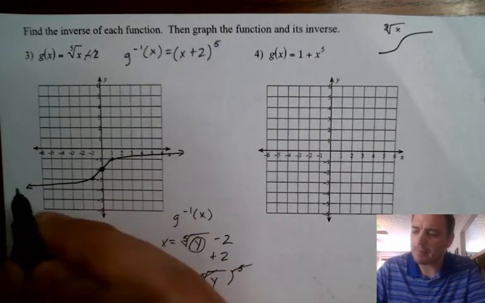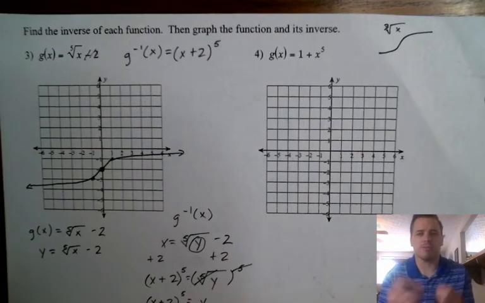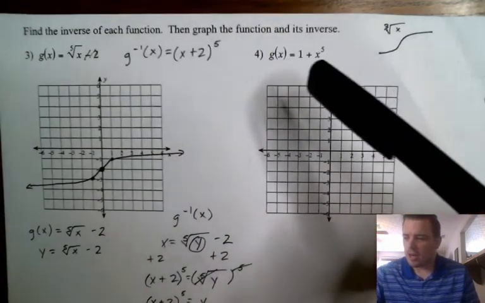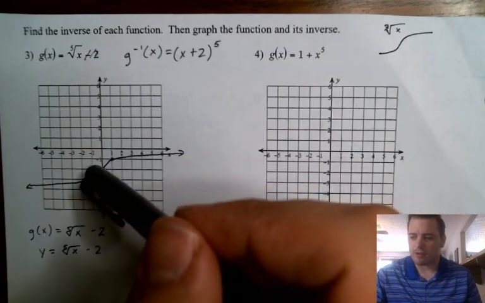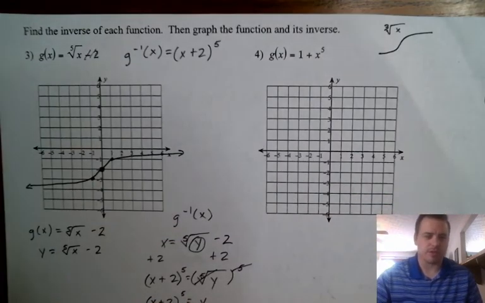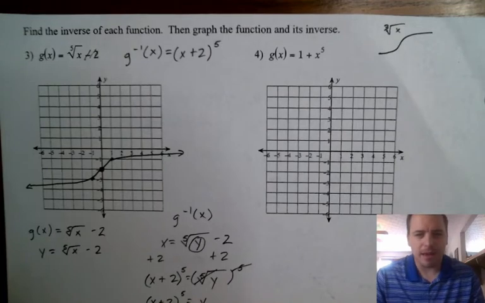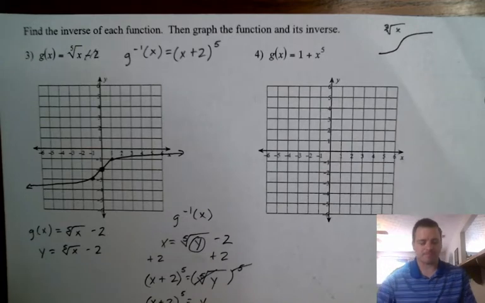It looks just like the cube root function, really. The cube root hits the next one at 8. It goes up 2 and right 8. But this one goes up 2 and right 32. So it's extremely steep. I'm not looking for anything perfect, guys. I'm just looking for a decent looking graph, a good approximation.